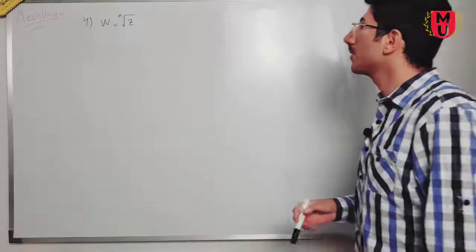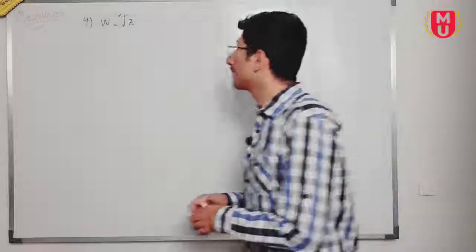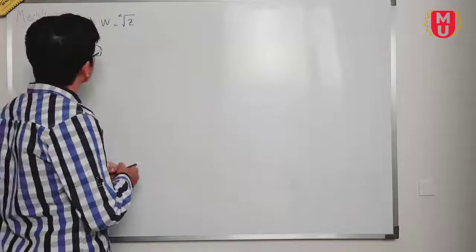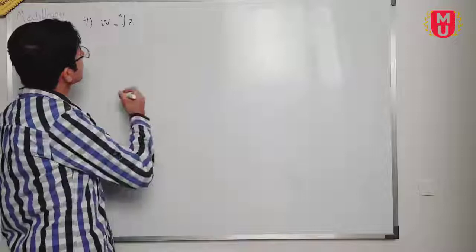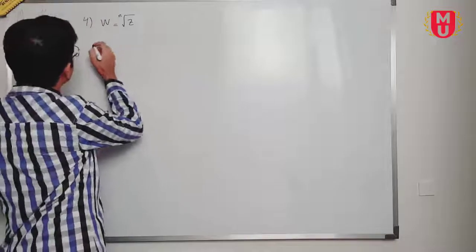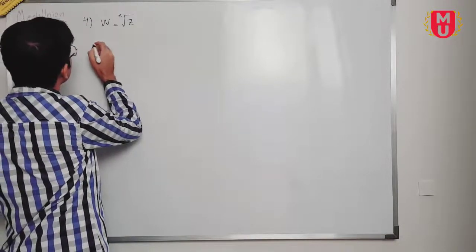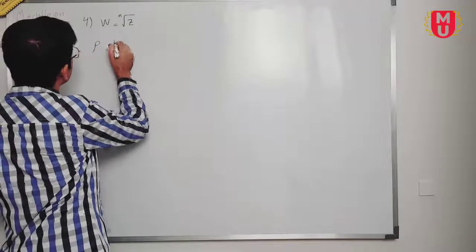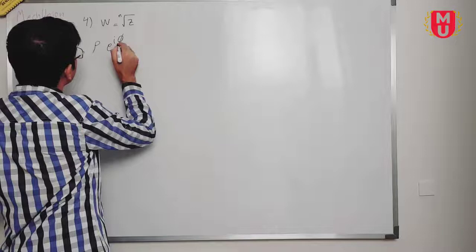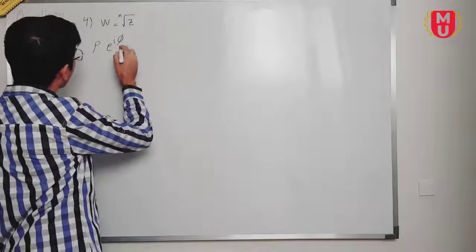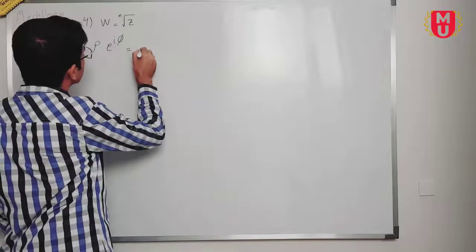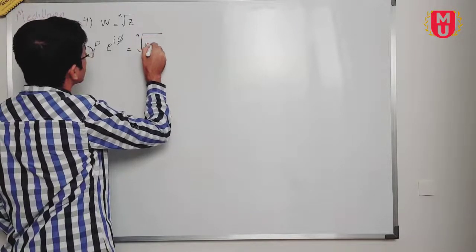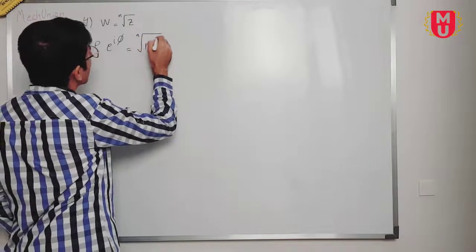Okay, for the fourth one, we will talk about w equals the nth root of z in the Euler form, like the rest of the examples that I talked about. It's rho e to the i phi equals the nth root of r e to the i theta.